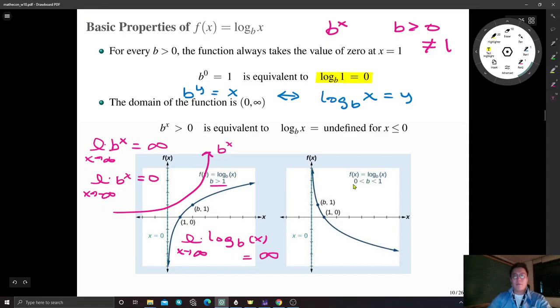When base b is between 0 and 1, we have the opposite case: the function is decreasing. When x is close to 0, the function goes to infinity, and when x goes to positive infinity, it goes to negative infinity.